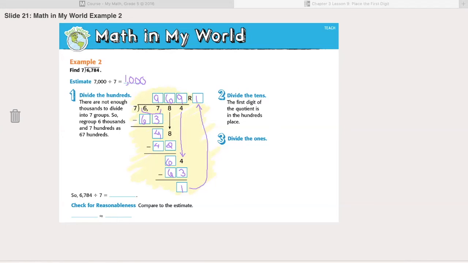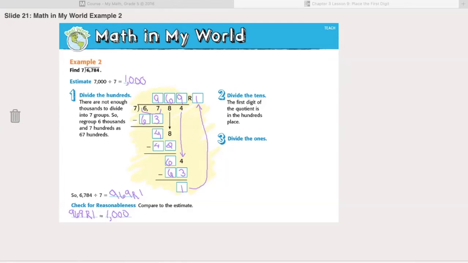So 6,784 divided by 7 is 969 remainder 1. To check for reasonableness, we can compare that 969 remainder 1 is almost equal to 1,000, which was our estimate.